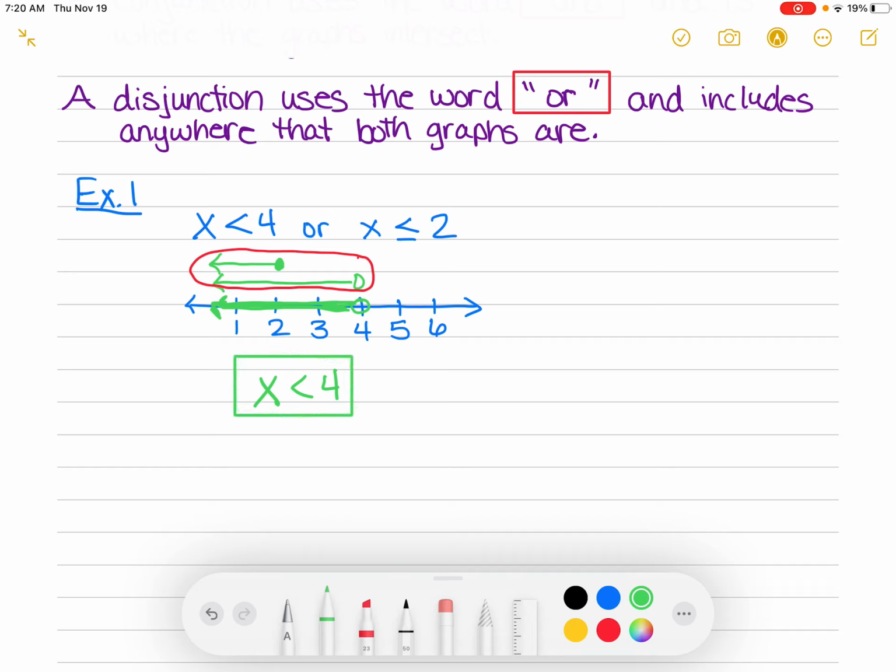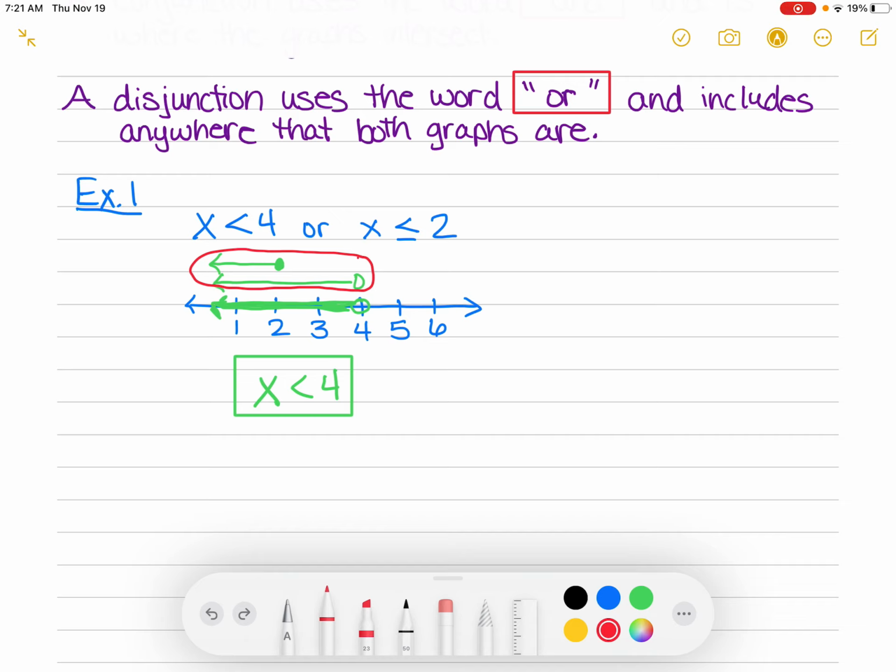So yesterday we were doing everywhere that both of them were, so both the lines had to be there. Today we are not. We're doing either or. So it can work with whatever number you get. Let's say my problem is some kind of a word problem or a real world problem, maybe in engineering, where you could have anything that's x is less than 4 or x is less than or equal to 2.